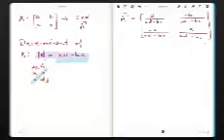So that is our inverse of A. If we know what A, B, C and D are, we can just plug all those numbers in and find our inverse.